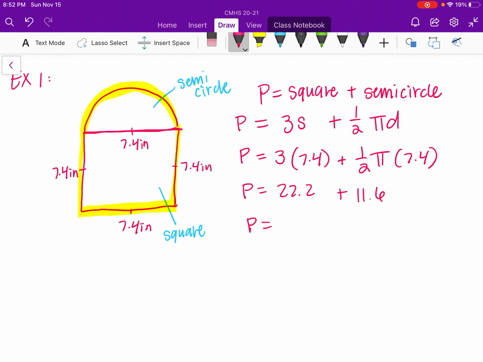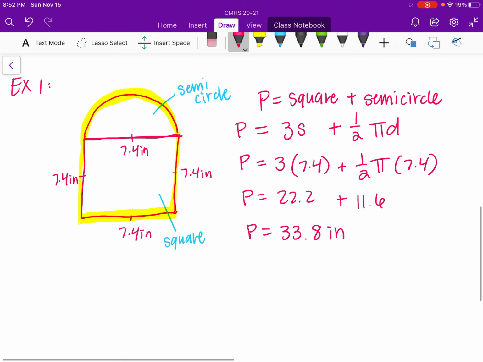And if we add those together, the total is 33.8 inches. Okay, not bad.